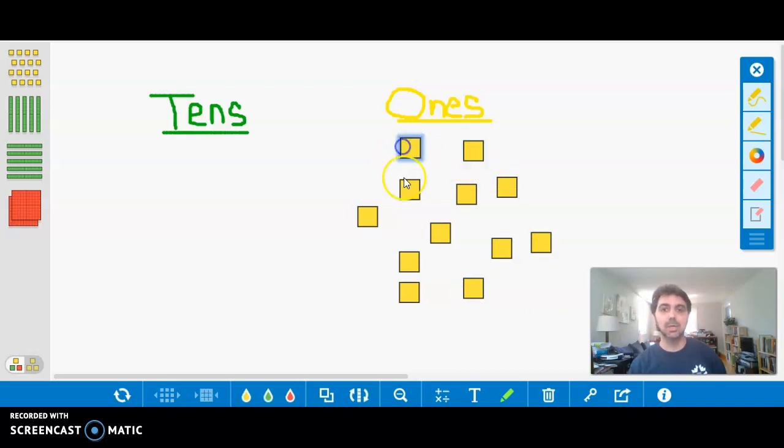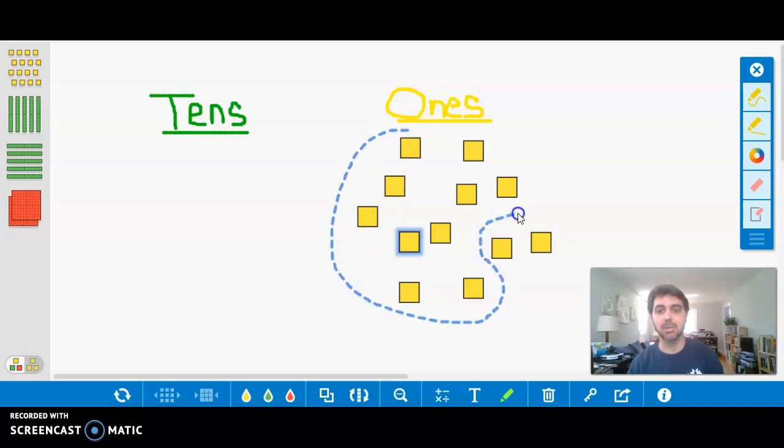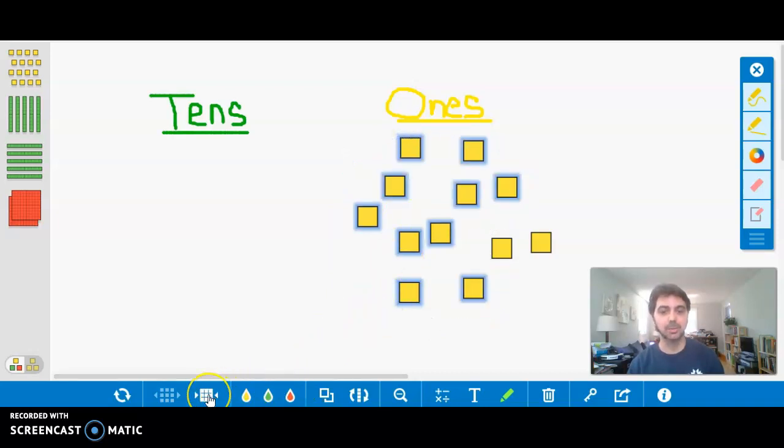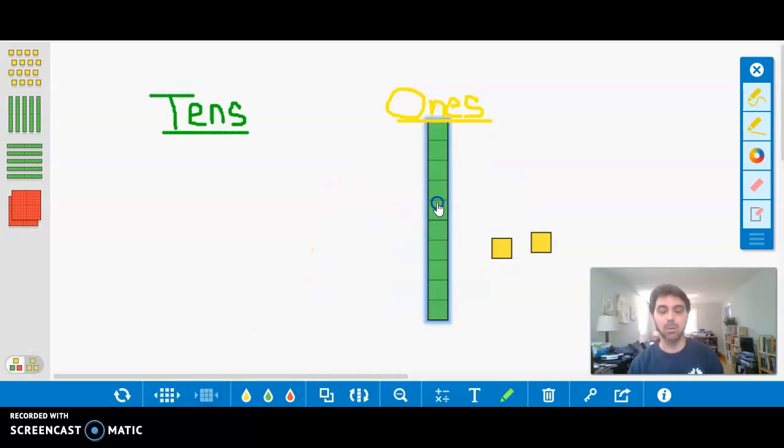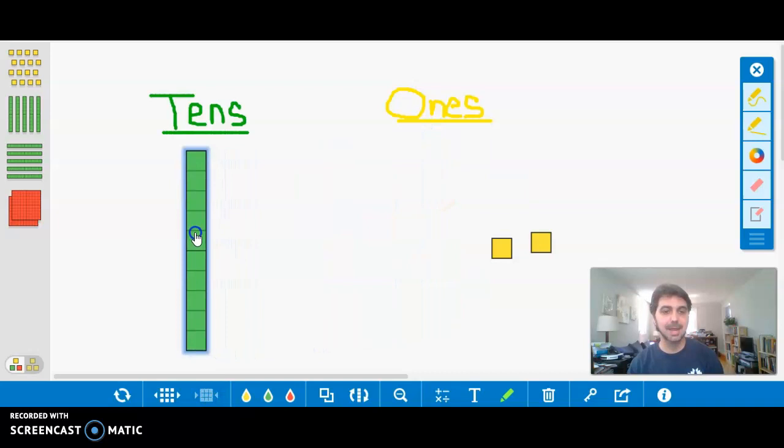So here's the really cool part about this, boys and girls: we can take 10 of these butterflies, just like with the 10 frames, and we can make a group of 10. So I'm going to circle 10 of them. That means I'm going to circle all but 2 of them. And I'm going to put them together into a 10.